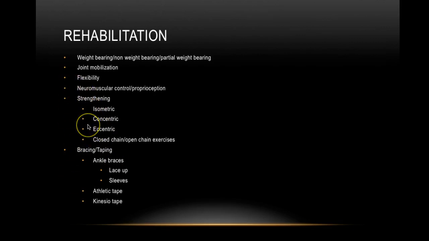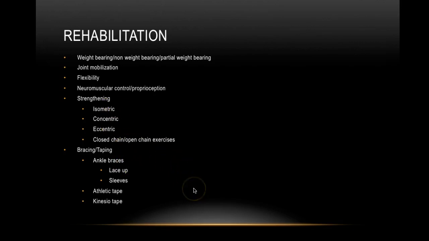So think of a squat. If you did a squat, you're moving your body, but your legs are staying on the ground. Whereas open chain exercises, the top portion of your body stays in one place, but you're moving your lower extremities. So think of a leg press or a leg extension.